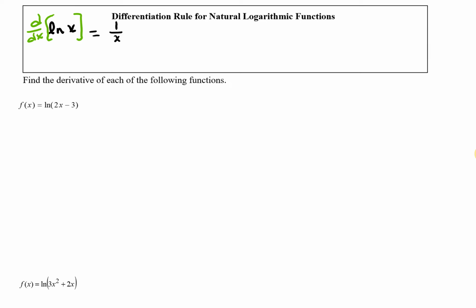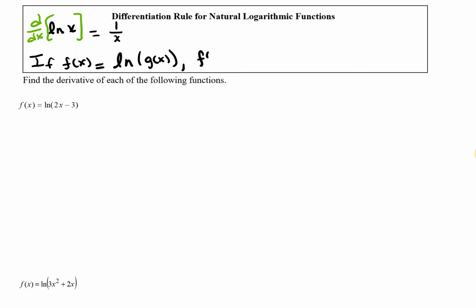All right, let's take a look at what would happen if this was some kind of a composite function. So if there was some other function other than x inside of the natural log function. Let's say f of x is, suppose, the natural log of g of x.